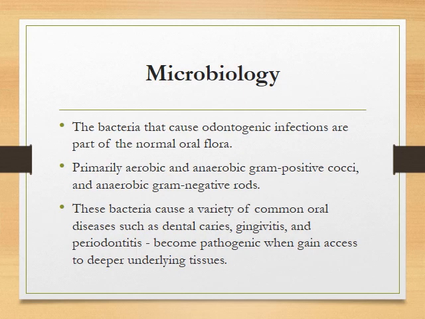These bacteria cause a variety of oral diseases such as dental caries, gingivitis, and periodontitis. But when these bacteria gain access to deeper underlying tissues, as through necrotic pulp or through a deep periodontal pocket, they cause odontogenic infection.